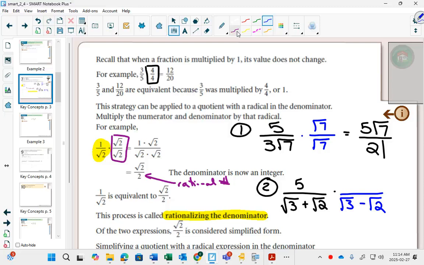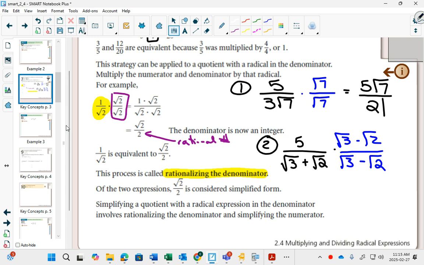You are so close. This is a difference of squares, so I'd also have to multiply by root 3 minus root 2. Why is the difference of squares so nice? Because, well, on the top, I'd have to distribute. I'm going to get 5 root 3 minus 5 root 2. And on the bottom, difference of squares says you'll have the first one squared minus the second one squared.